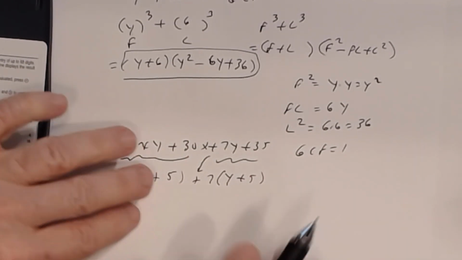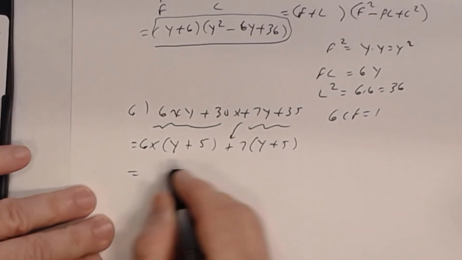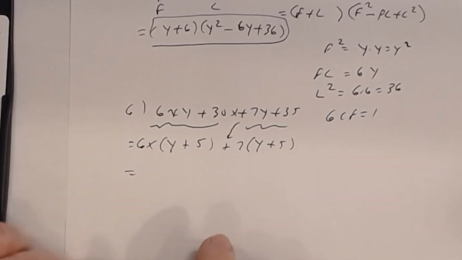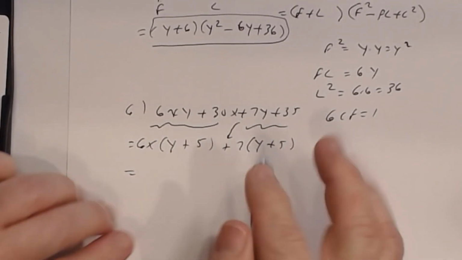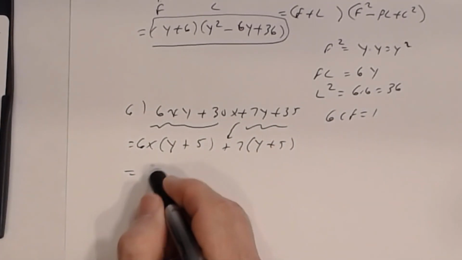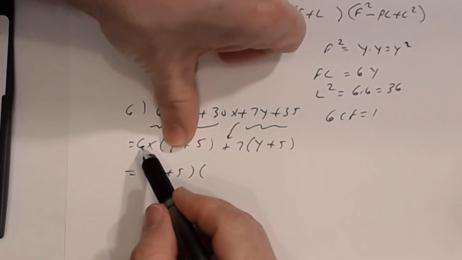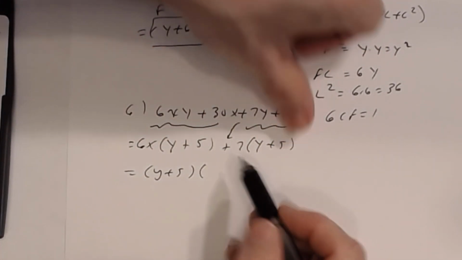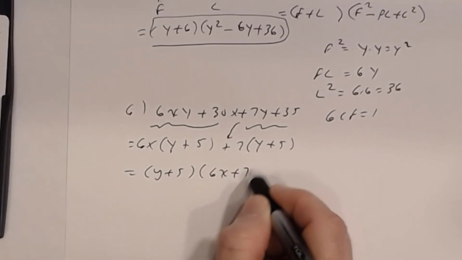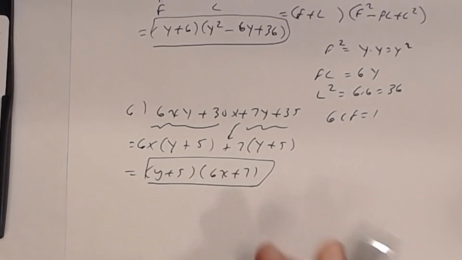Now, they're the same. So now you're going to factor out the y plus 5. And then when you factor out the y plus 5, you're left with 6x plus 7. And there's your answer. Okay?